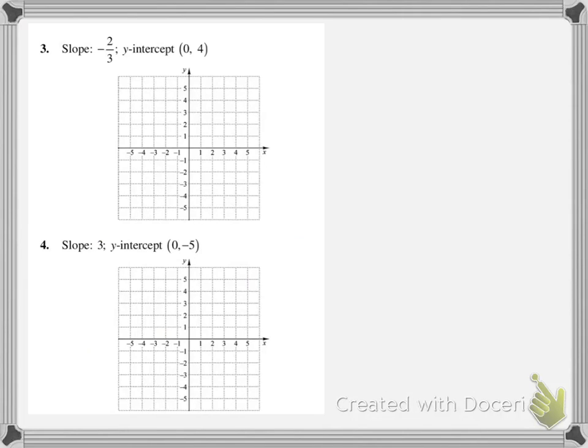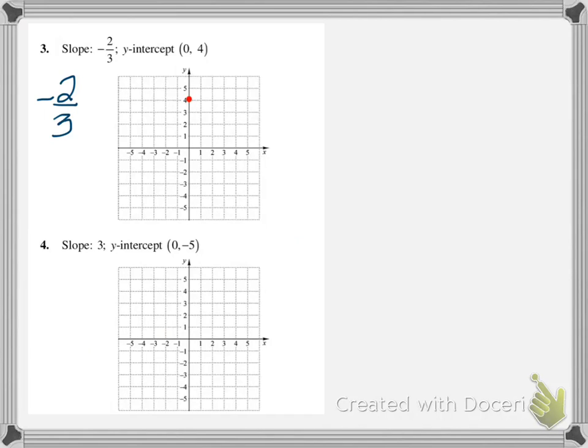So let's do this problem. We have (0, 4). There we go, (0, 4). And now my slope this time is negative 2/3.